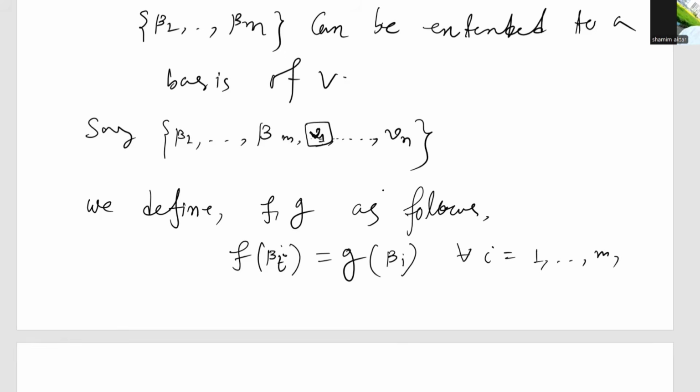And also we define f of v1 not equal to g of v1.